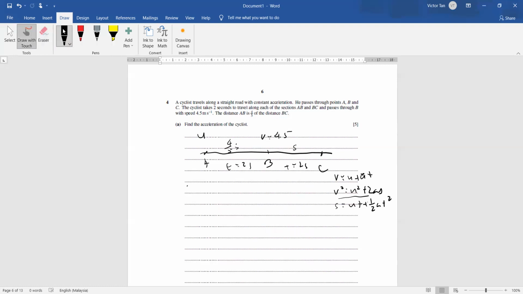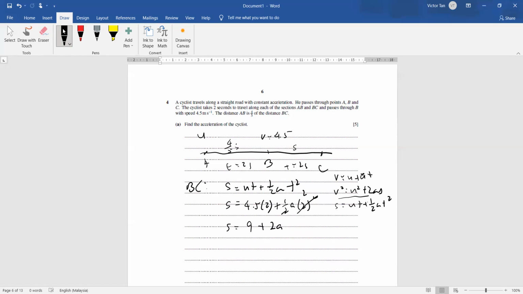Now the second part from B to C, I'm going to use this equation, S equals ut plus half at square. So S equals, U is 4.5, plus half A square. So you can cancel, this is 2. So S equals 9.